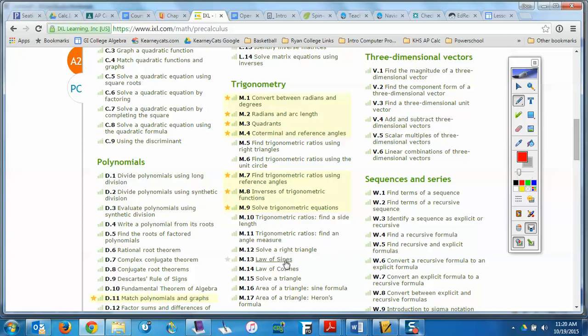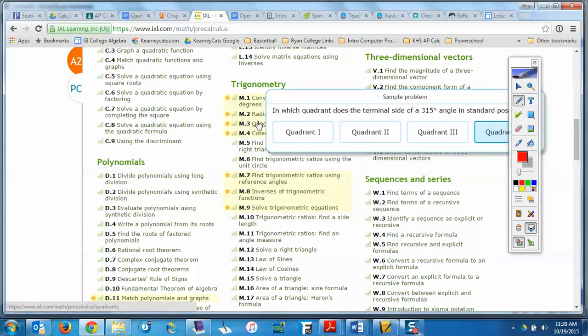I'm thinking the M section. The M section under trig has convert between radians and degrees, radians and arc length, quadrants, coterminal reference angles. Those 4 I highlighted should be easier and a little more basic trig stuff. But if you feel you need some work on those, those would be good ones to do.